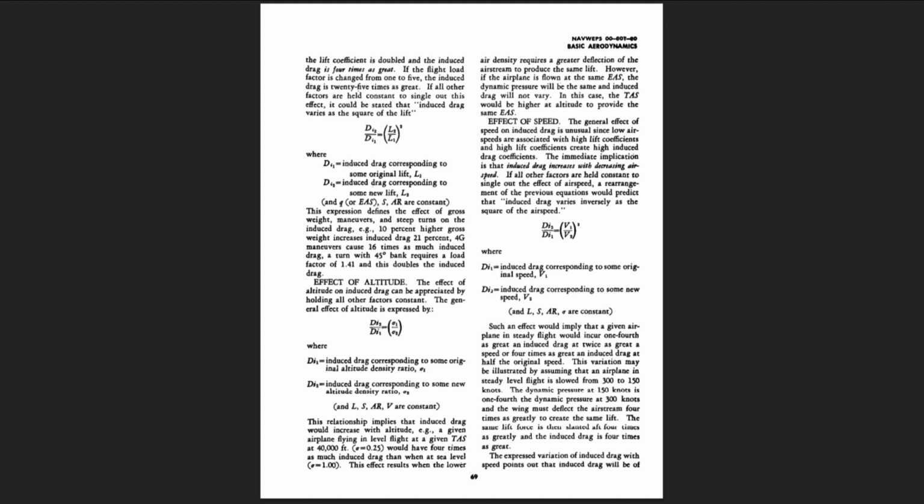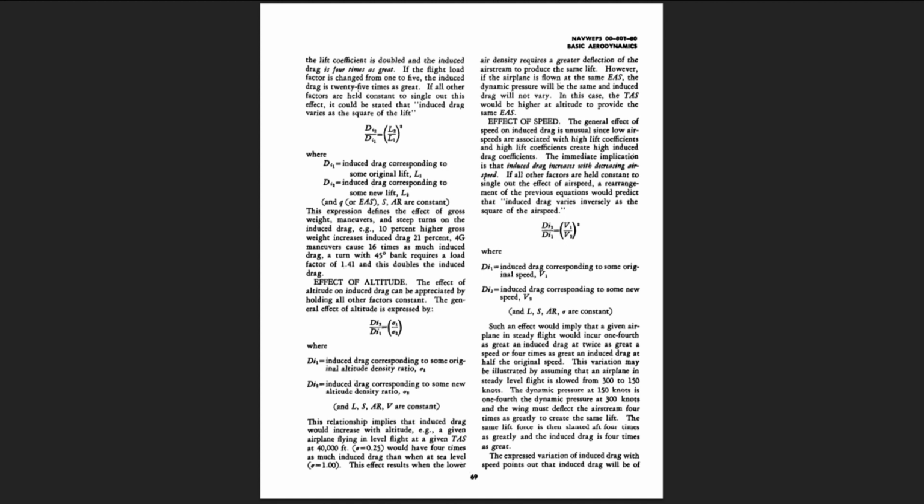DI2/DI1 = (L2/L1)², where DI1 equals induced drag corresponding to some original lift, L1, DI2 equals induced drag corresponding to some new lift, L2, and q, or EAS, S, and AR are constant.